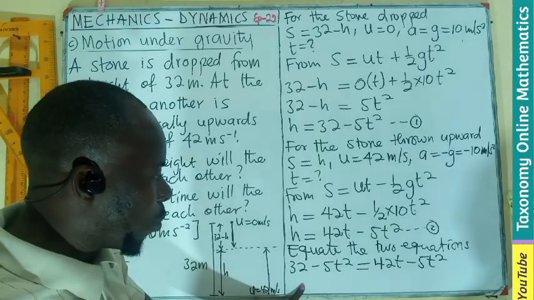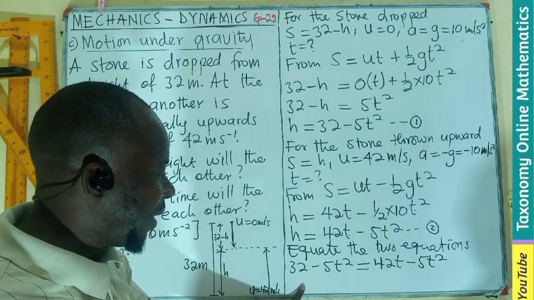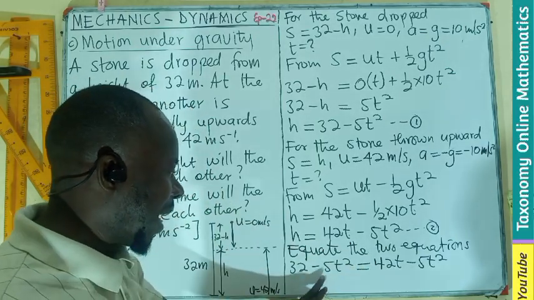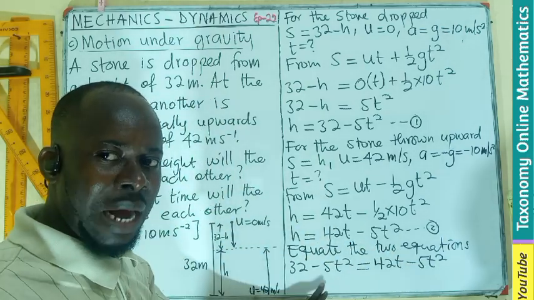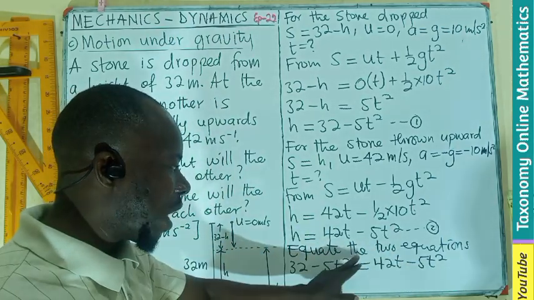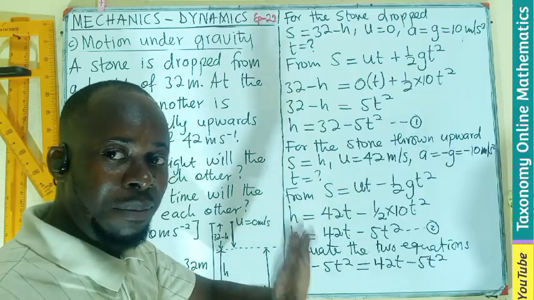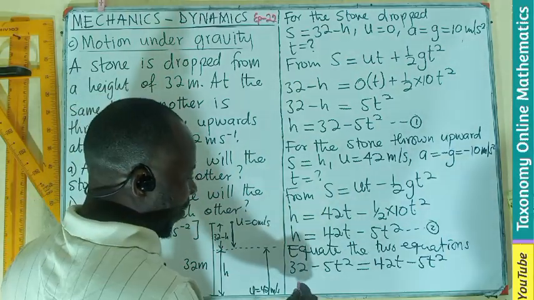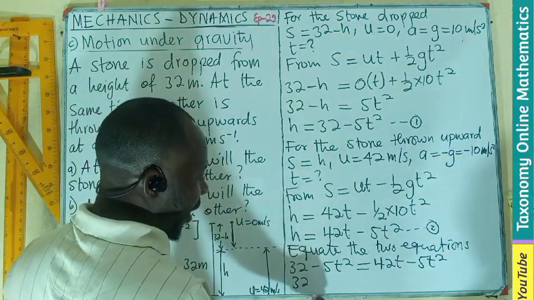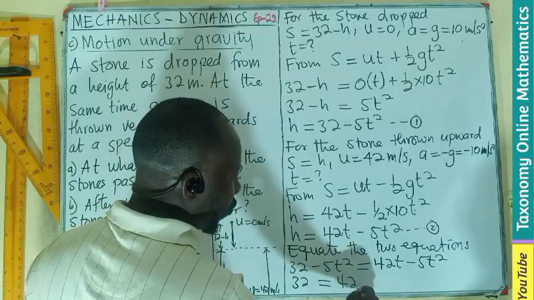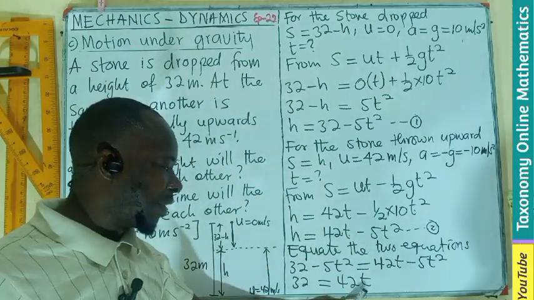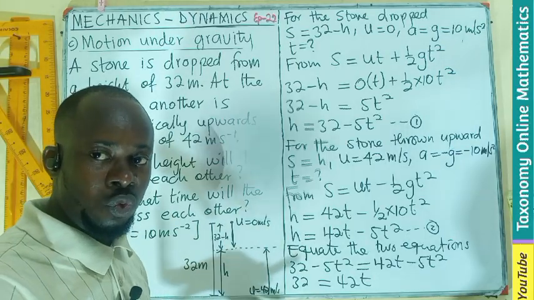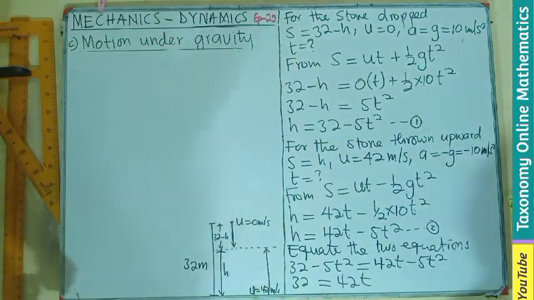What I'm going to do is group like terms. If I maintain the t here, and send this minus 5t squared to the left, it becomes positive. So negative 5t squared plus 5t squared becomes 0. This means I am left with 32 equals 42t. Making t the subject, we divide by 42.